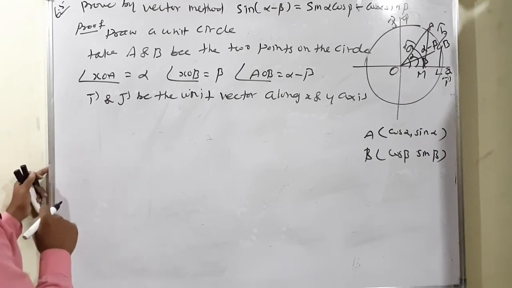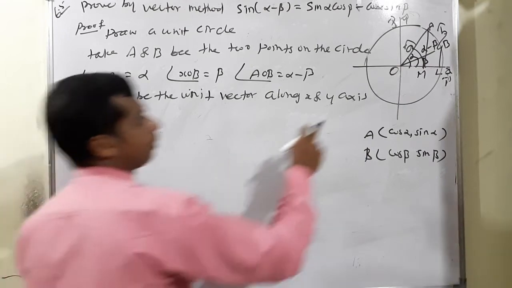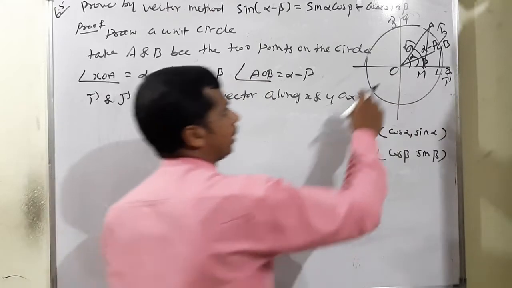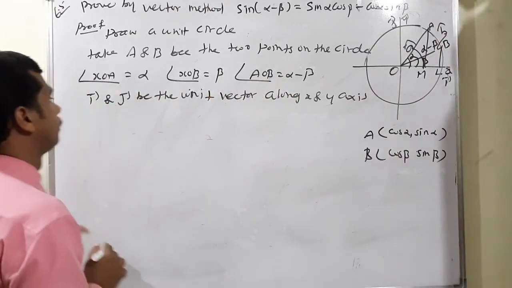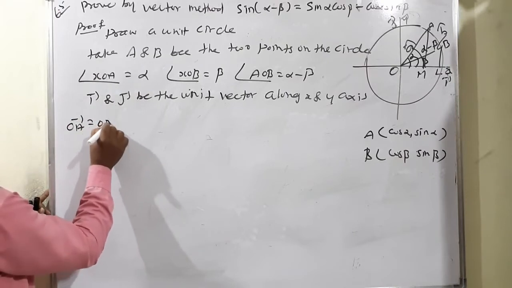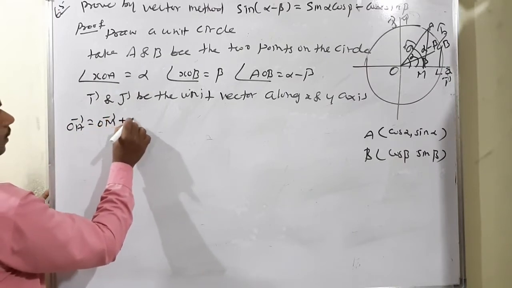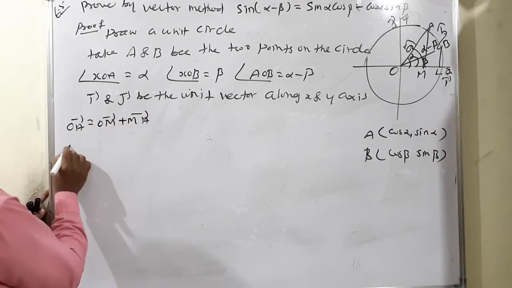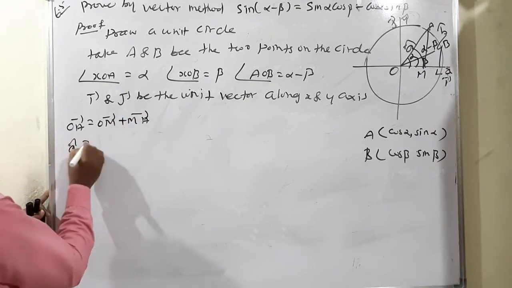Okay. Now the first one, consider OM, O to A. O to A means OA vector is equal to OM vector plus MA vector. Again OA vector is A cap, isn't it?